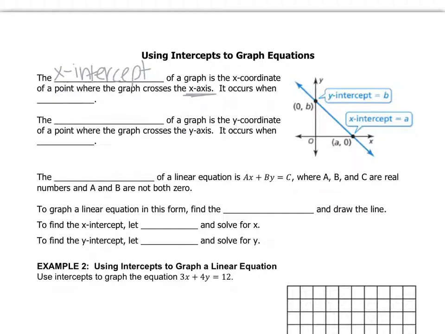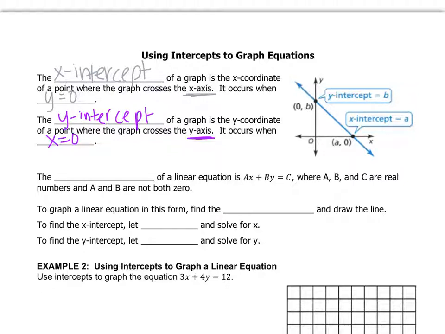So it's the point where it's crossing the x-axis. And it occurs when the y value is equal to 0. Now the reverse happens on the other axis. So the y-intercept is when you cross the y-axis. And it occurs when the x value is equal to 0.